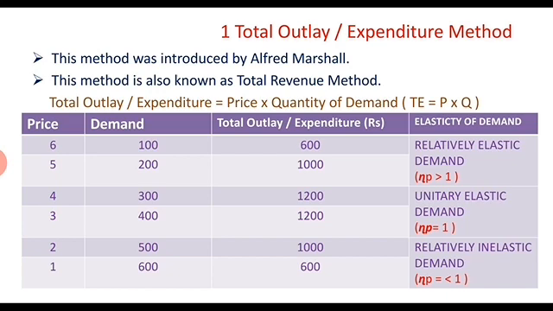In this table, at the 2 rupees price, total expenditure is 1000 rupees, and at the price 1 rupee, the total expenditure is 600 rupees. It is called relatively inelastic demand. Here eta P is less than 1.